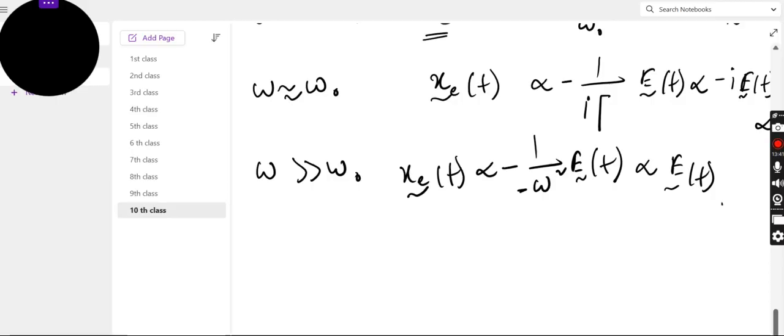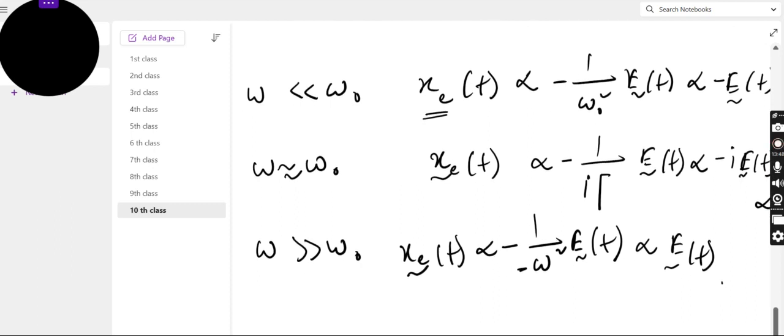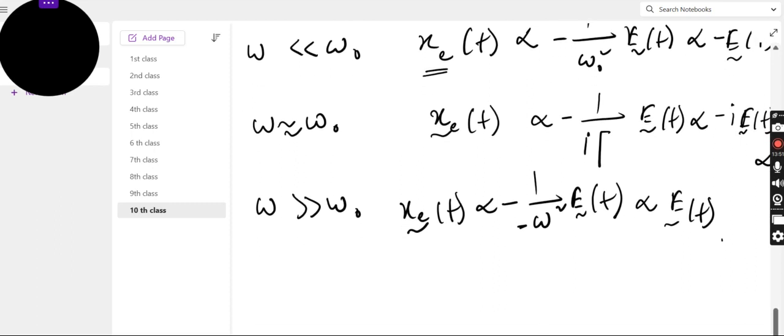But their amplitude gets modified according to this calculation we have seen. So when omega is very much less than the natural frequency of the electron cloud, we get a 180-degree out of phase situation. When they are equal, we get a 90-degree out of phase situation.